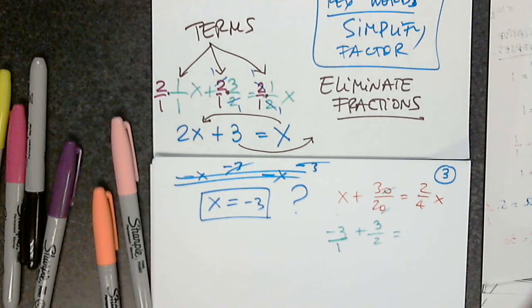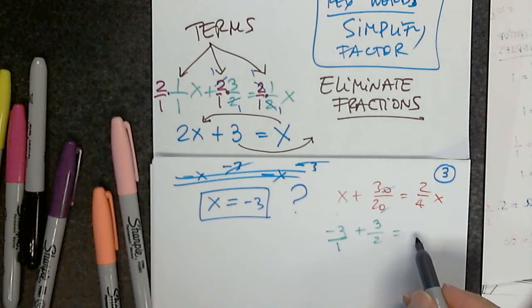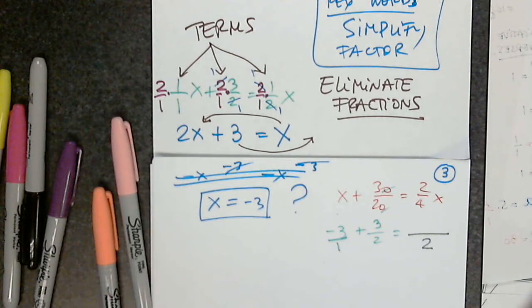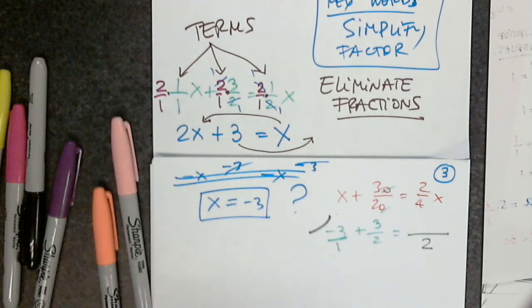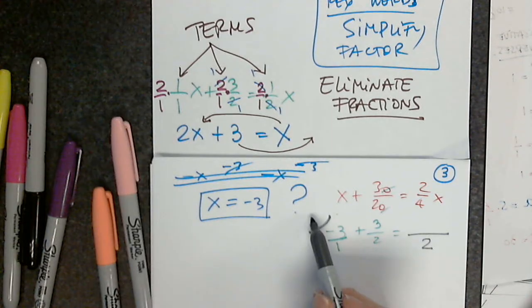It doesn't matter. They don't have the same denominator. So the least common denominator is 2. Very good. This one doesn't need anything, but this one needs something. What does it need? 2. And this one, if you want, is 1.